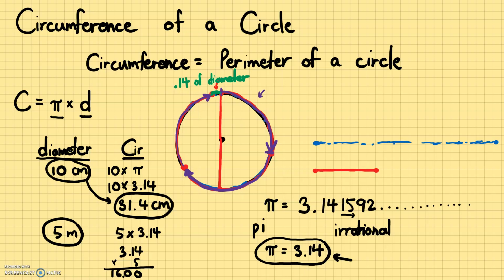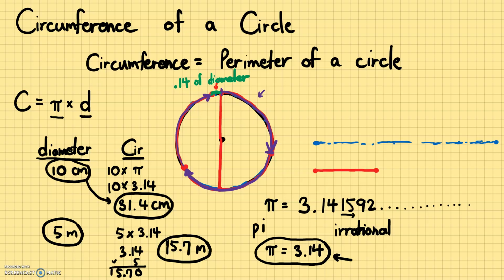Nope. Sorry. It should be 15.7 meters. Okay, so that's the circumference. So given the diameter, we can find the circumference by multiplying the diameter times pi.